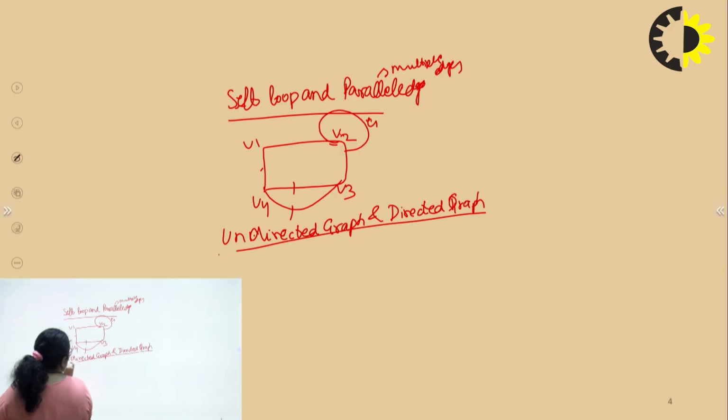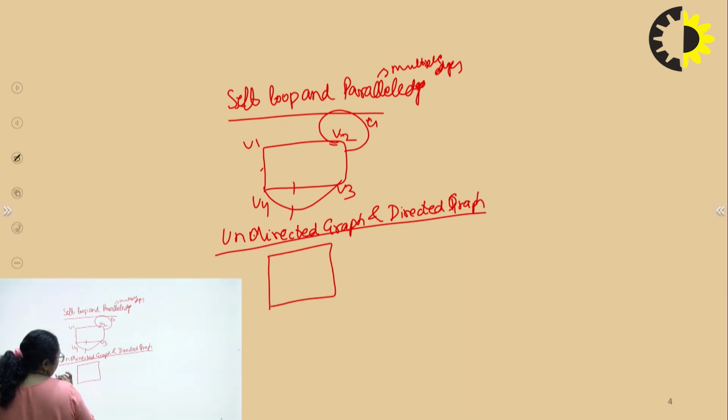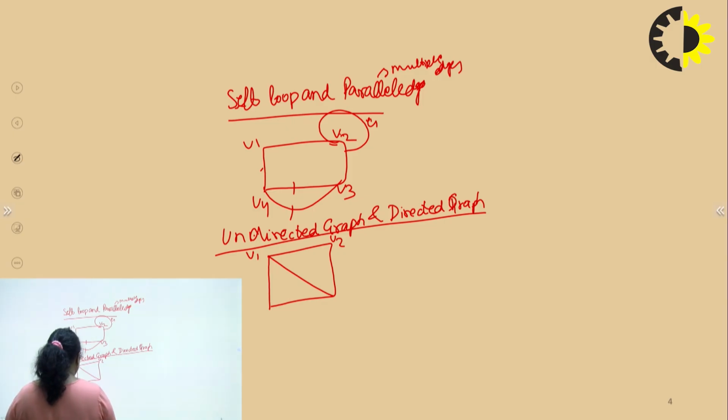Our next term is undirected graph and directed graph. An undirected graph is a graph in which vertices and edges going out or incoming in that vertex have no direction attached to them.